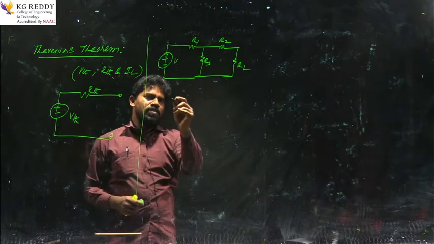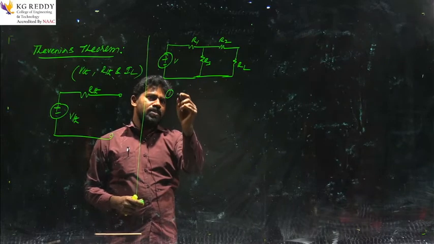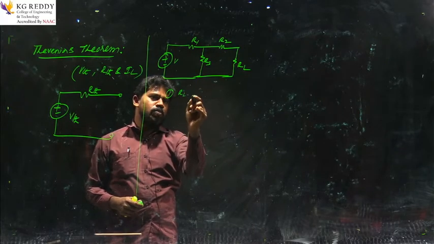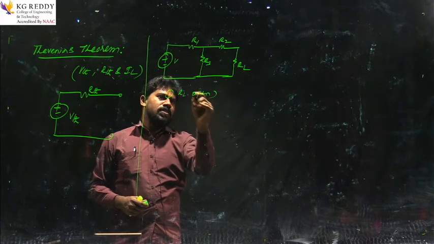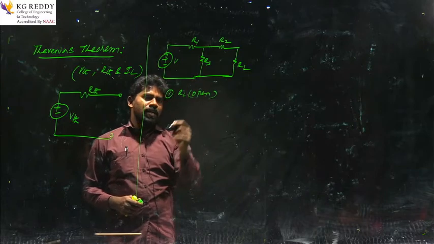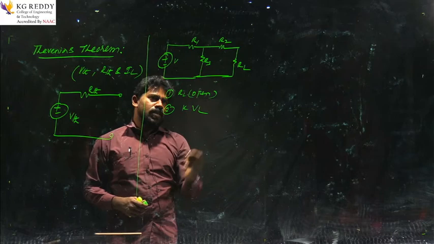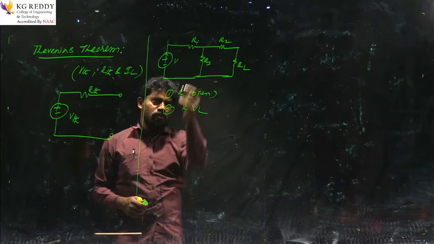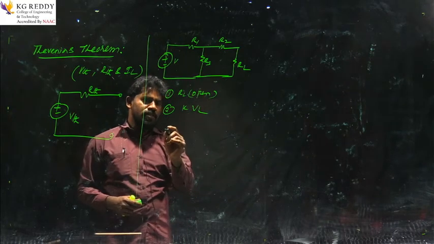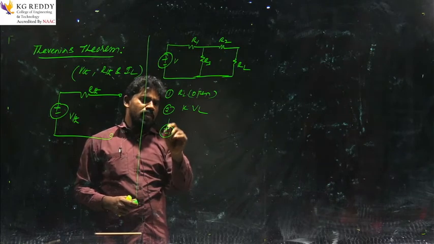First condition is to open the load resistance. Then apply Kirchhoff voltage law, and then you will get VTH. Applying these two techniques, I get the modified circuit.